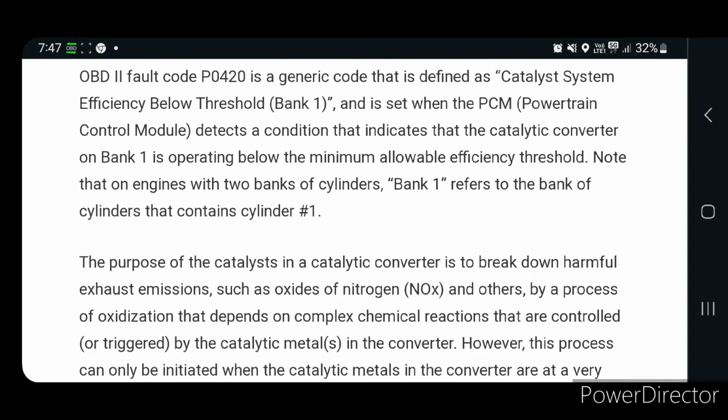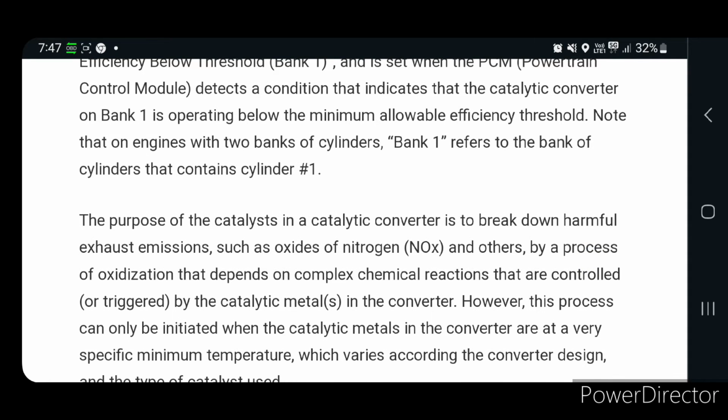The purpose of a catalytic converter is to break down harmful exhaust emissions such as oxides of nitrogen and others by a process of oxidation that depends on complex chemical reactions that are controlled or triggered by the catalytic metals in the converter.